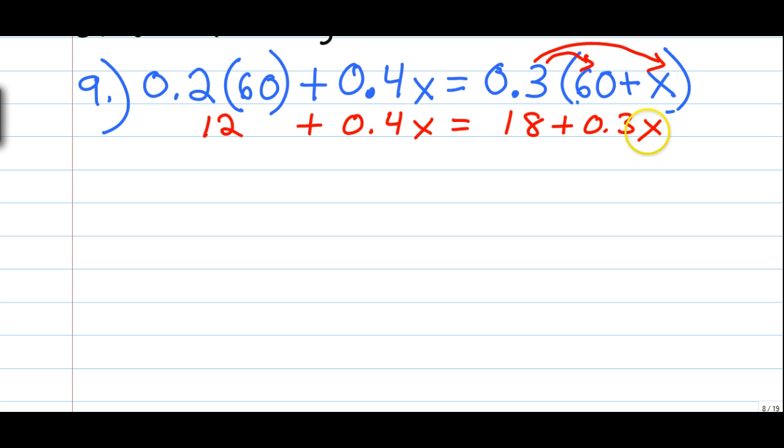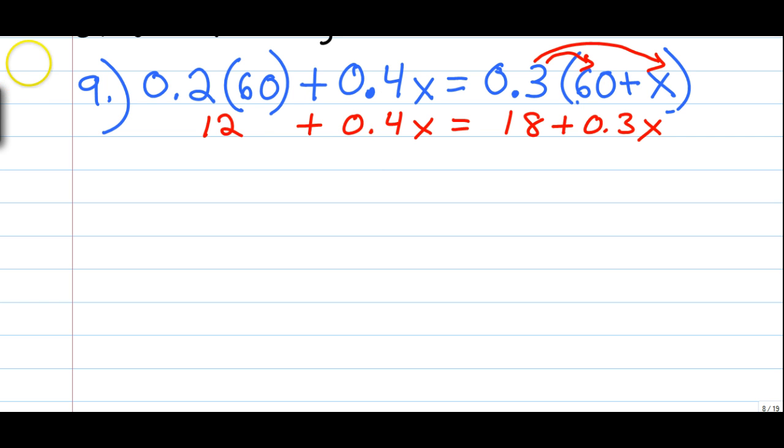Next, we want to clear our decimals. We do this by looking at each of our decimal numbers and looking at the place to which they carry out. In this case, we have a 0.4 and a 0.3. In both cases, they carry out to the 10th place.